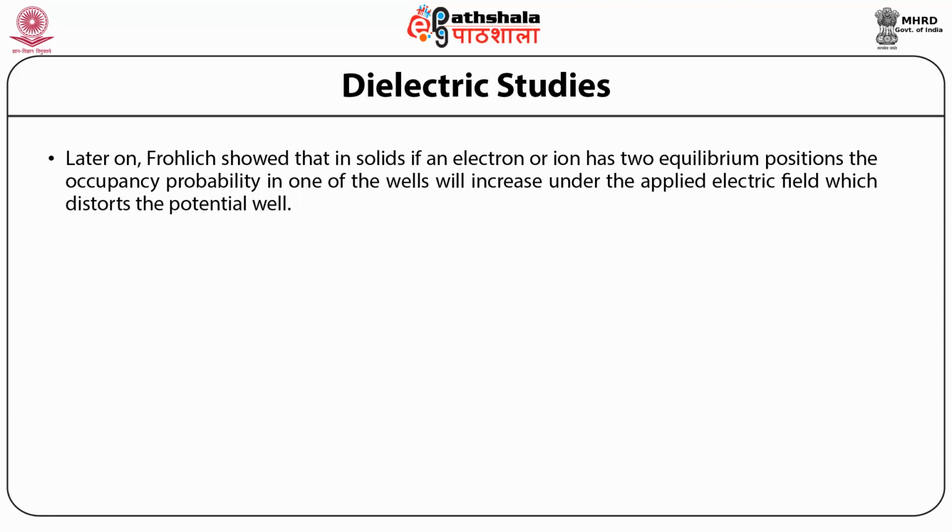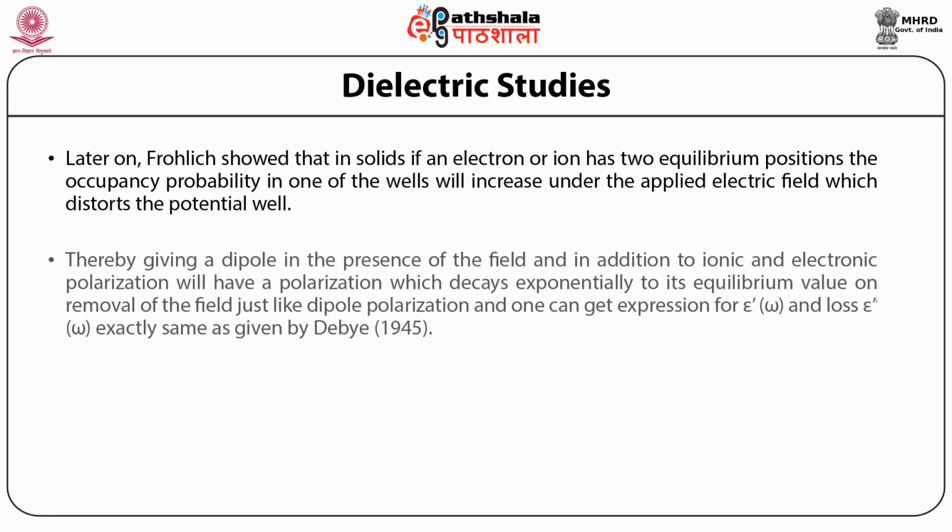Later on, Froelich showed that in solids, if an electron or ion has two equilibrium positions, the occupancy probability in one of the wells will increase under the applied electric field, which distorts the potential well, thereby giving a dipole in the presence of the field, and in addition to ionic and electronic polarization, will have a polarization which decays exponentially to its equilibrium value on removal of the field, just like dipole polarization, and one can get the expression for epsilon prime of omega and loss epsilon double prime of omega exactly same as given by Debye in 1945.